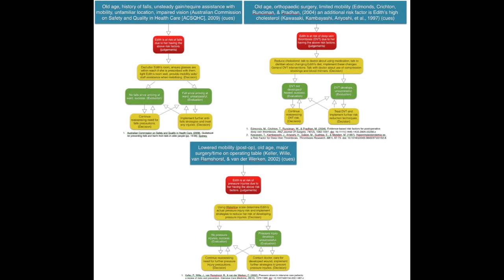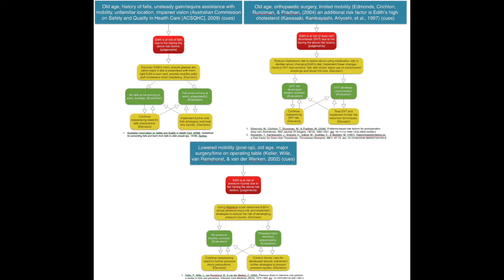The processes all begin with finding Edith's risk factors. These are then put into the respective assessment charts found on the ward. I determined Edith to be at risk of falls, DVT, and pressure injuries, so I would then decide on prevention strategies to try and lower her risk of acquiring any of these complications.